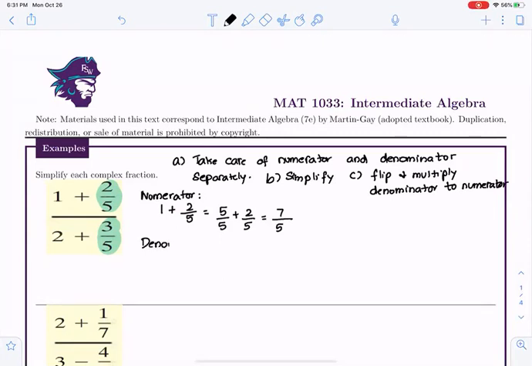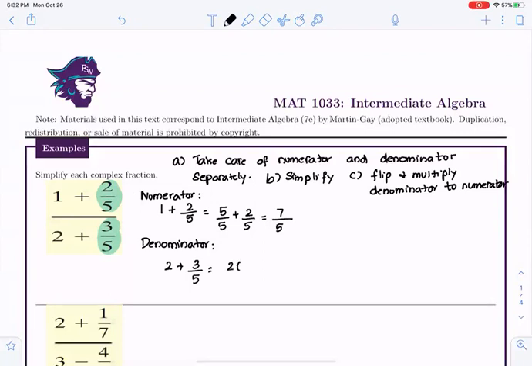The denominator, we have 2 plus 3 over 5. I can multiply and divide the first term by 5, so that I get a common denominator of 5.